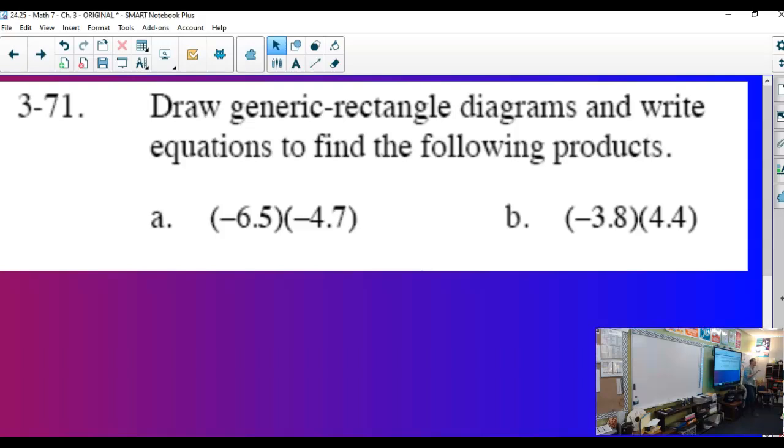But if I break up a negative number, I would need to take the negative with the 6 and with the 0.5. I would need to take the negative with the 4 and with the 0.7 because everything's negative. Or, what did we say yesterday about a negative times a negative? Somebody say it louder.